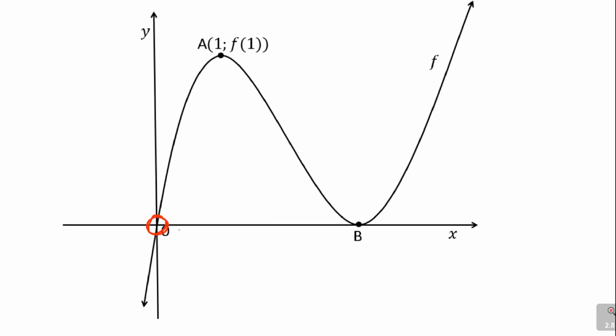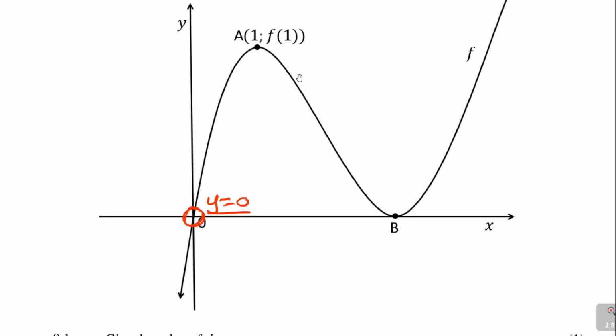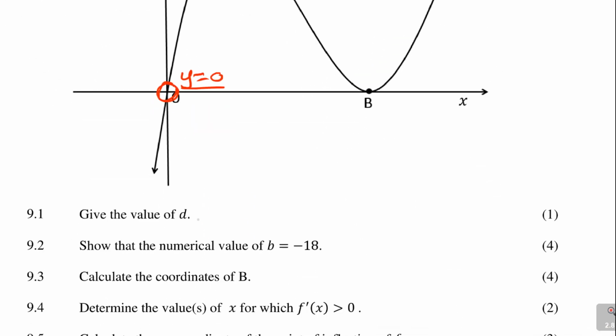So it's at the origin. So the question becomes, what is the value of D? It's simple here, D is equal to 0. That was our cut. That's why it's 1 mark.